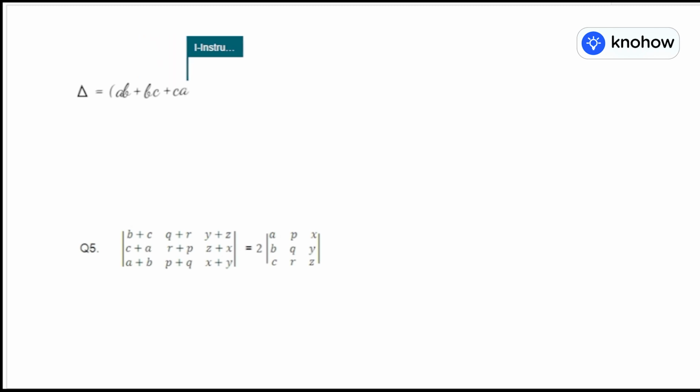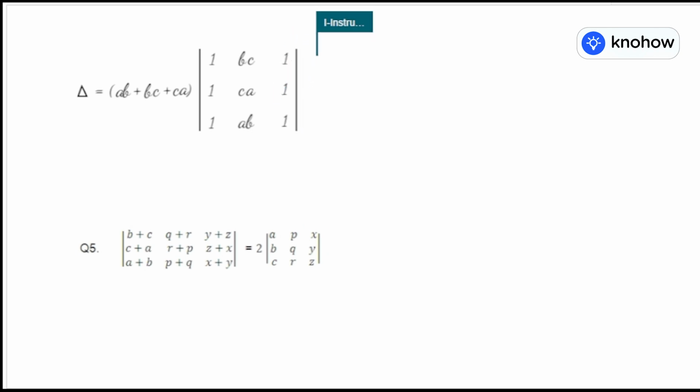The elements of the second column are BC, CA and AB, and because we have taken AB plus BC plus CA common, even the elements of third column become 1, 1, 1. So you get AB plus BC plus CA, and the value of determinant is 0. Why? As the elements of column 1 are identical with column 3, the value of given determinant becomes 0.